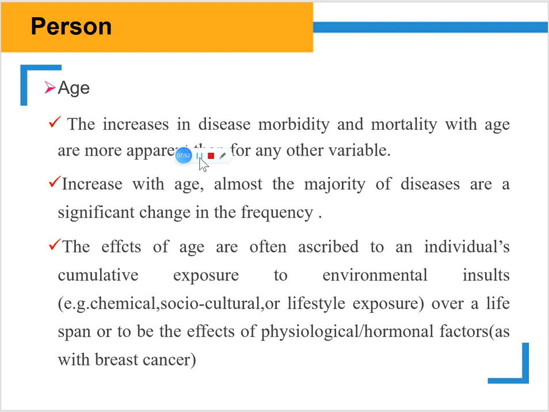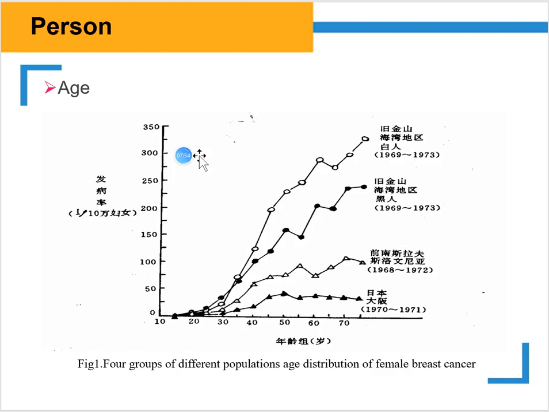Figure 1 shows 4 groups of different populations. Age distribution of female breast cancer. The abscissa is age. The ordinate is incidence rate of breast cancer per 10,000 women.